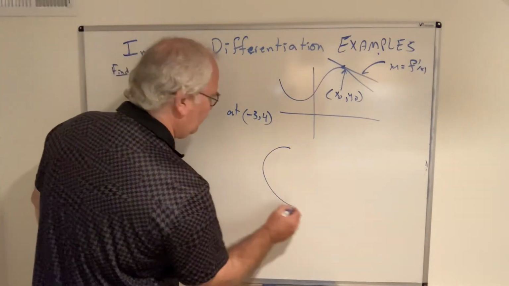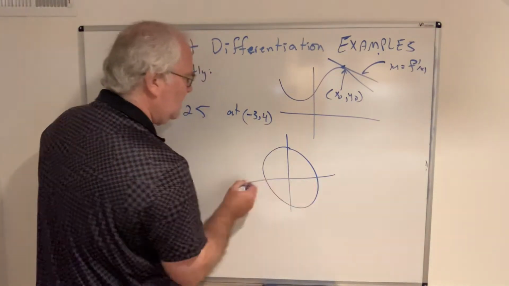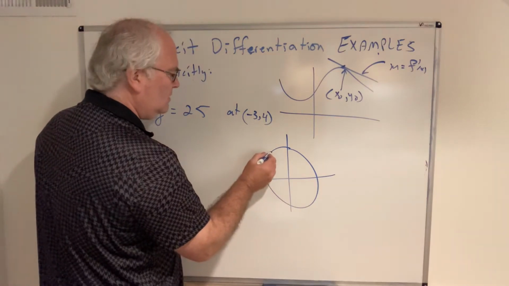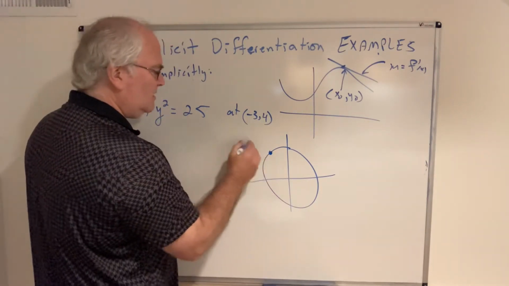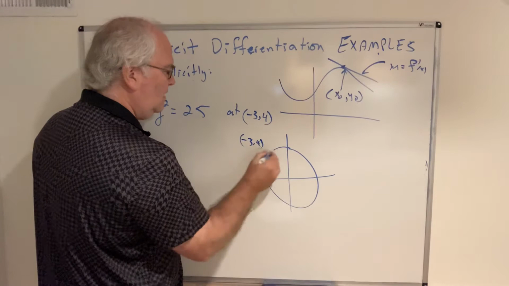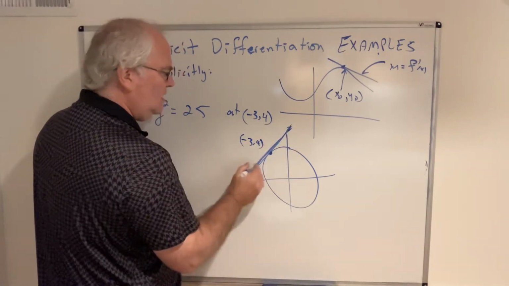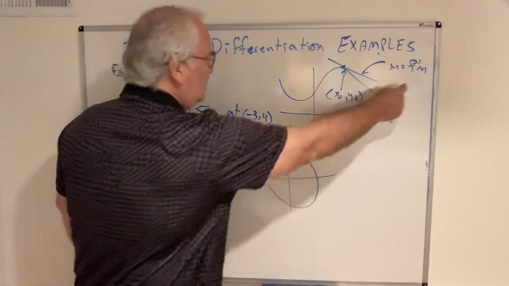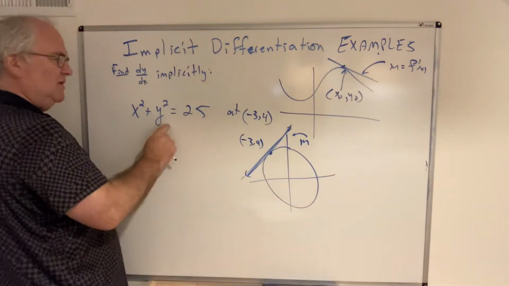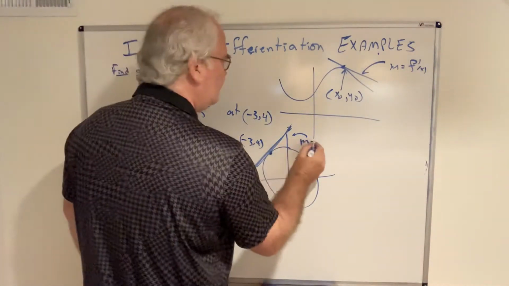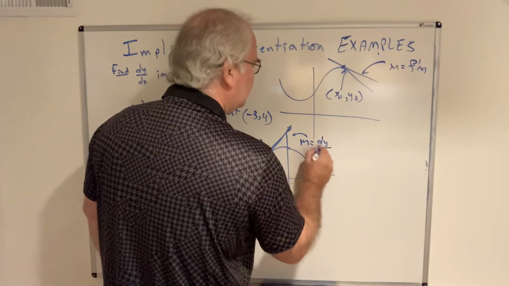So I have a circle of radius 5 at negative 3, 4, that's my point. And certainly there is a tangent line there. But to find the slope, I don't get to use f prime because that's not what this represents. The slope is dy dx.